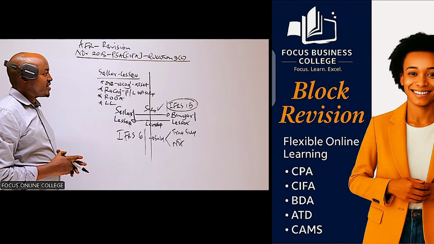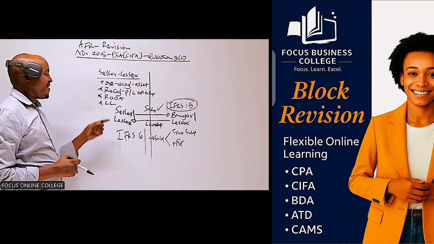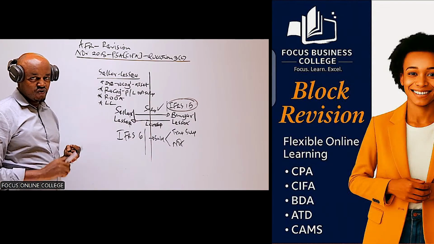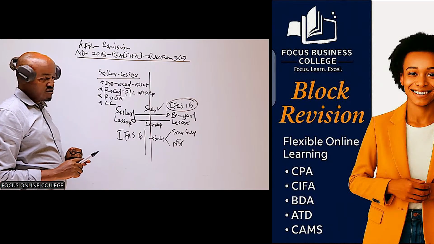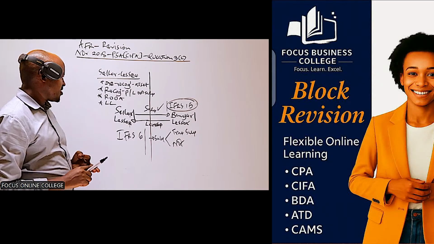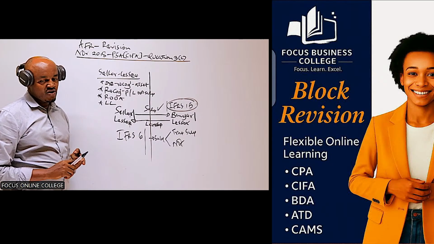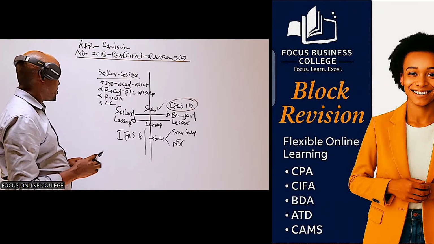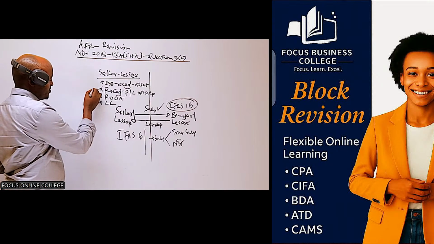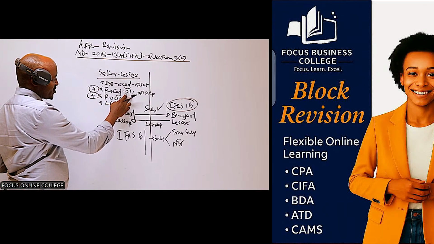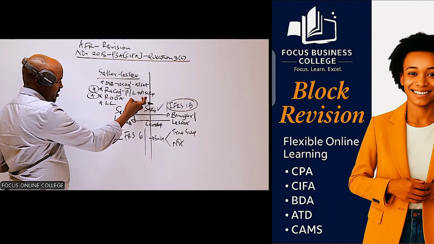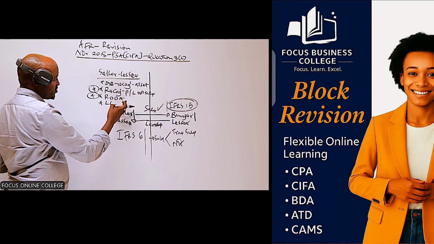So if the transaction amounts to a true sale, this party should derecognize the asset, recognize the profit or loss on the sale, recognize the right of use asset, and recognize the lease liability. What you need to remember here is specifically how we compute two items: the gain or loss on sale, and the right of use asset.